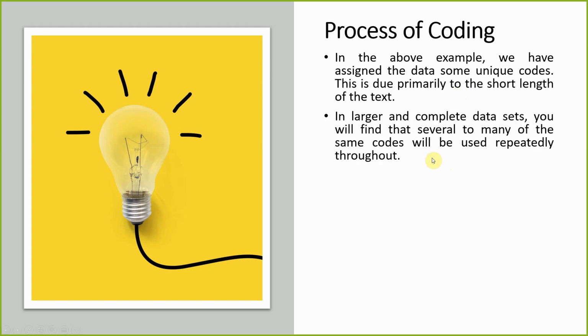In a larger and complete dataset, you will find that several to many of the same codes will be used repeatedly. For example, every other person would have talked about the research environment, maybe in a different manner, but they will be focusing on the research environment. So you can put all those quotations into the code of research environment.